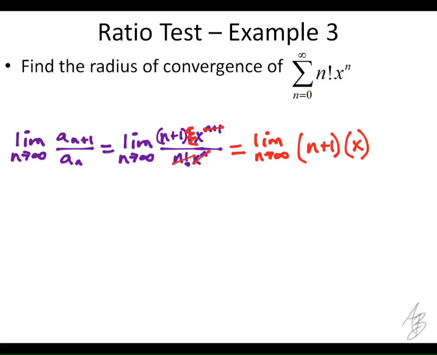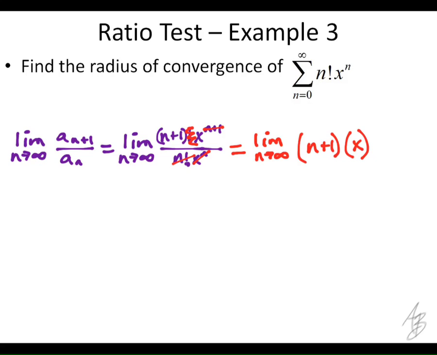Okay, what is the limit as n approaches infinity of n plus 1 times x? Right. So most of the time it is infinity. If x is equal to 0, and again, this is kind of one of those tricky things.